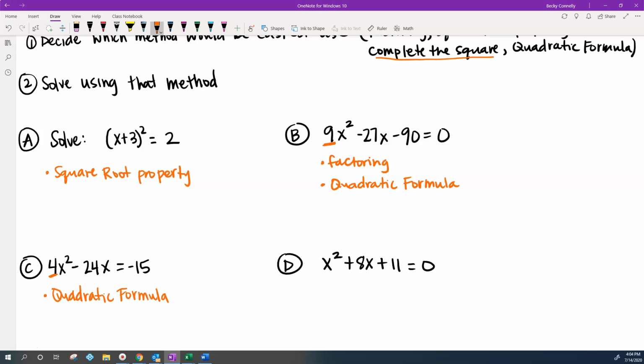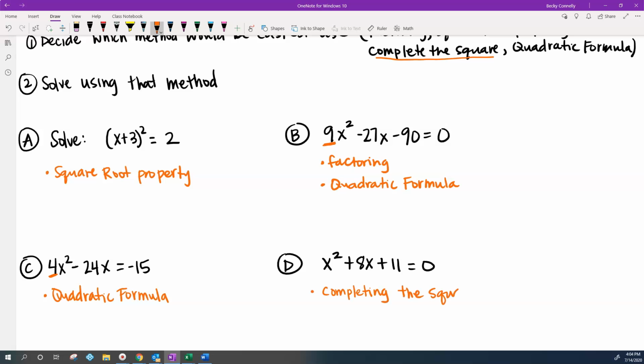And then on part D, what do you think here? I mean, does that factor, first of all? What times what is 11 that adds to be 8? It doesn't, right? So factoring definitely is not going to be a good way to go on this one. So what do you think here? I think maybe completing the square. I know some people are like, oh, I don't really like completing the square.